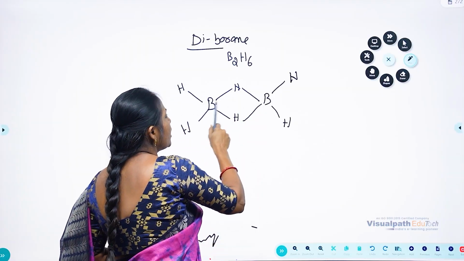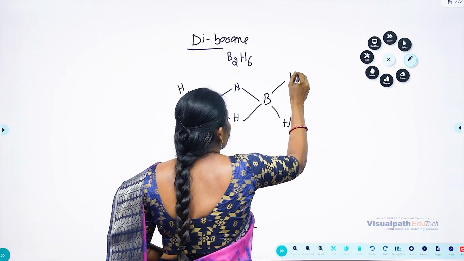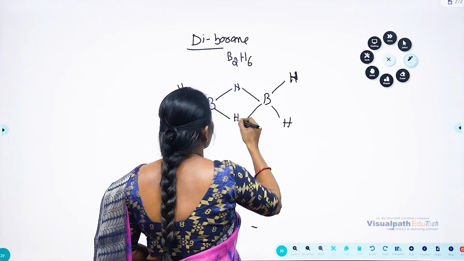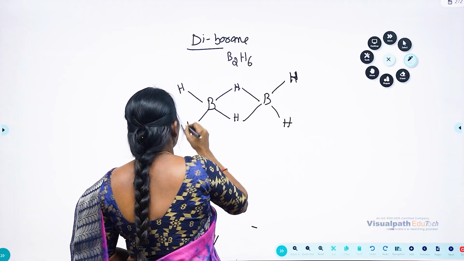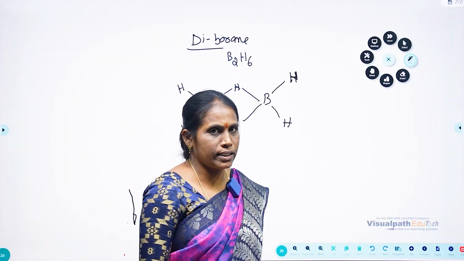See, 1, 2 borons, and how many hydrogens are there? 1, 2, 3, 4, 5, 6. So this is the structure of B2H6.